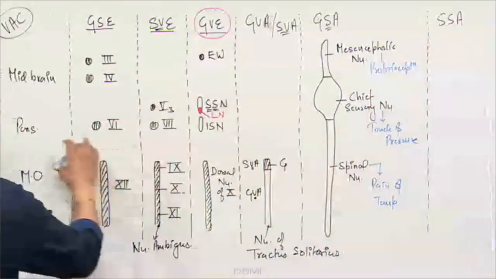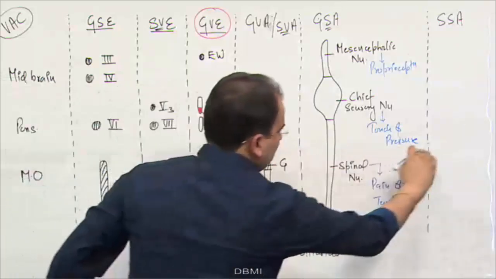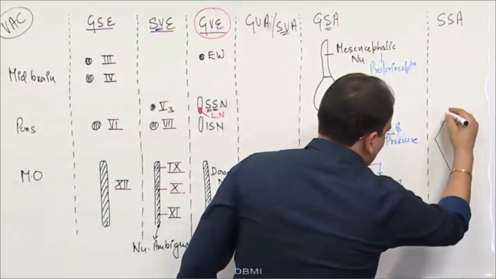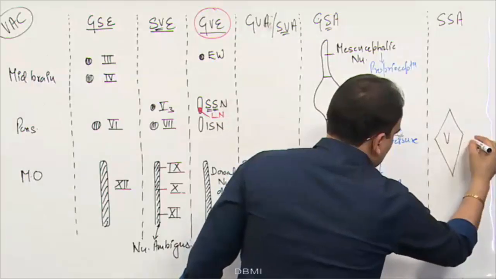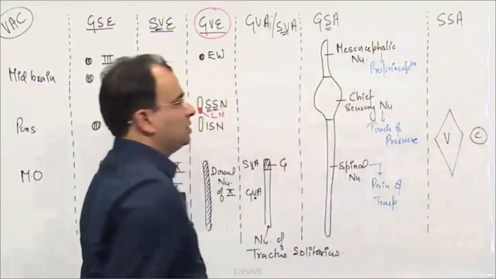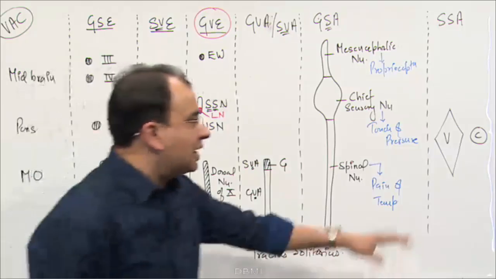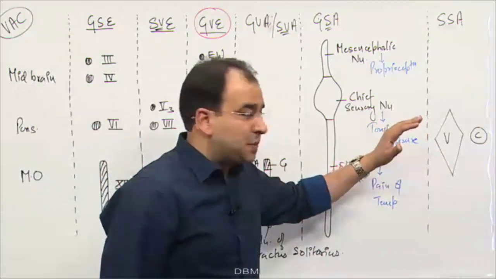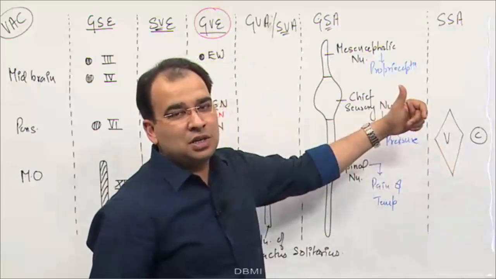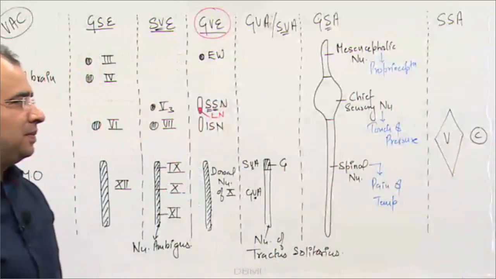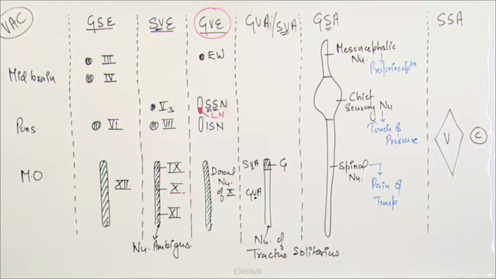They are present at the pontomedullary junction, where we have the vestibular nucleus, and the C is for the cochlear nucleus. These nuclei carry special sensation from structures which are developmentally somatic. That's why SSA, special somatic afferent.